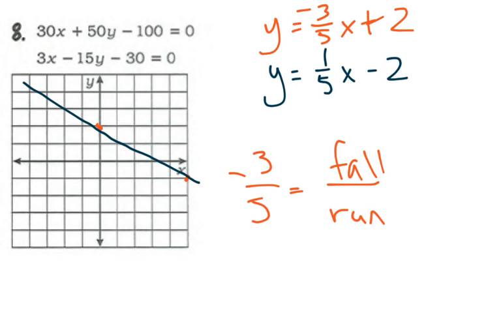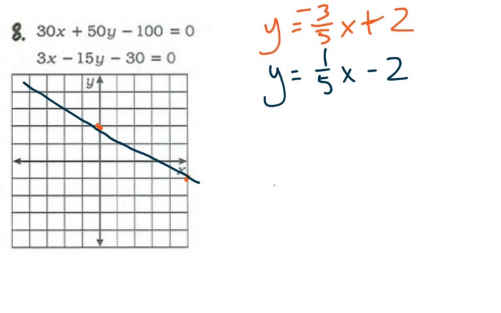Okay, the next line is y equals 1/5 x minus 2. So we're going to go down 2 from the center. So that'll be right here, negative 2. And then 1/5 is, run 5 and rise 1. So we're going to get 1, 2, 3, 4, 5, and then we rise 1.